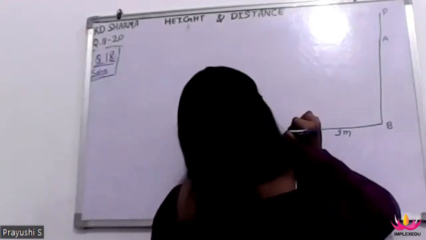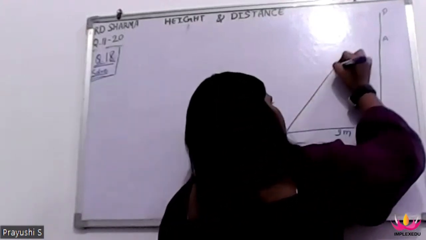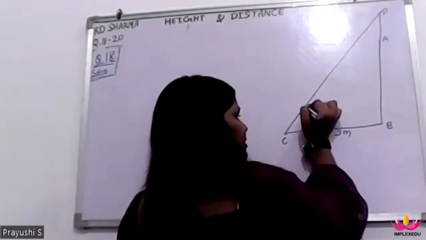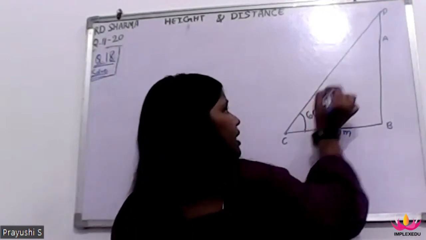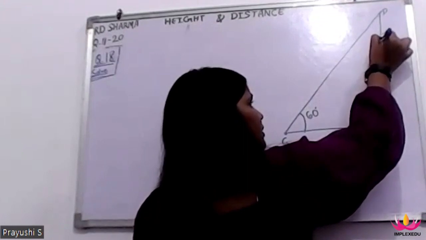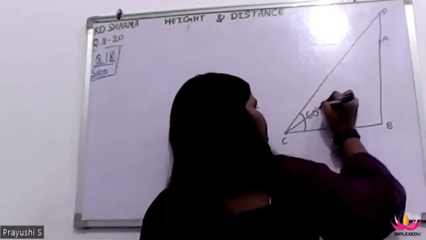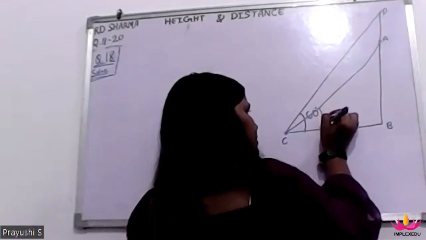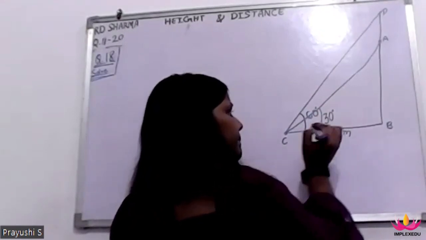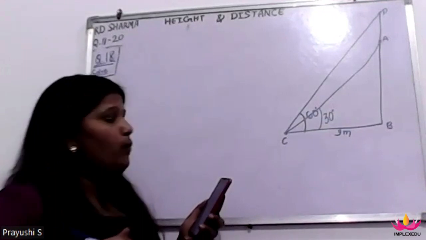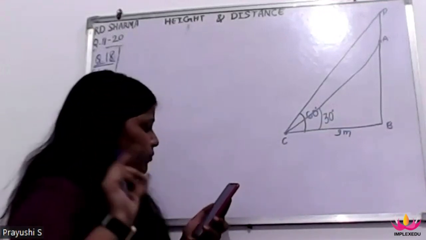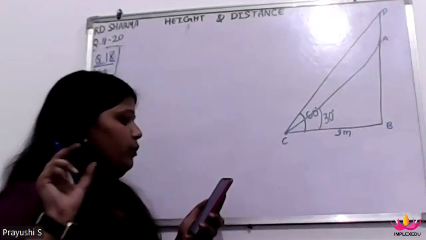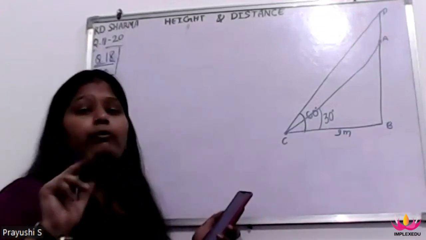Okay, so the angle of elevation of this is 60 degrees. Now the angle of elevation of point A is 30 degrees. Now what is asked is, find the height of the tower and the flagpole mounted on it.